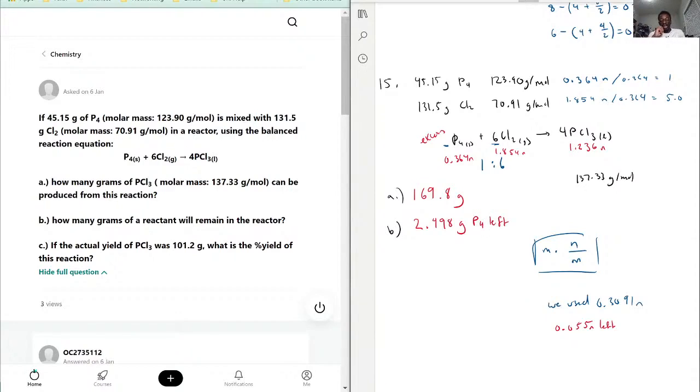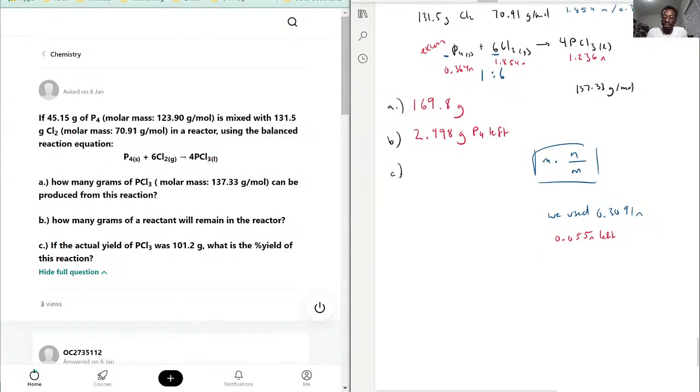Okay? Now, the last question, if the actual yield was 101.2 grams, what is the percent yield? So the percent yield is calculated by, what's it called? Experimental over theoretical. Actually, sorry.